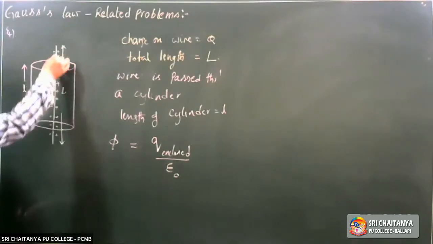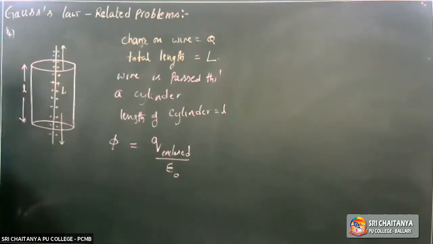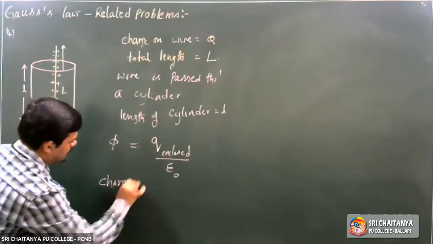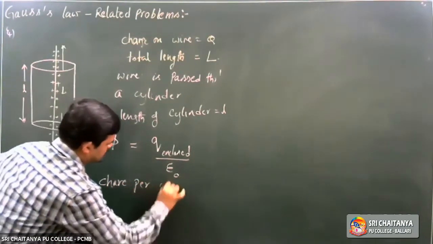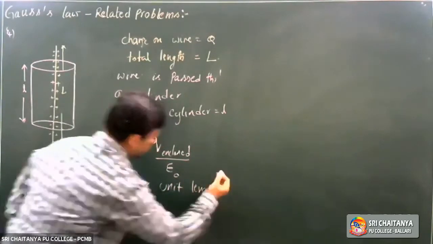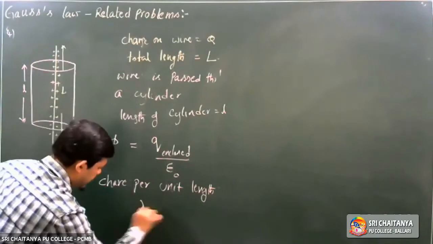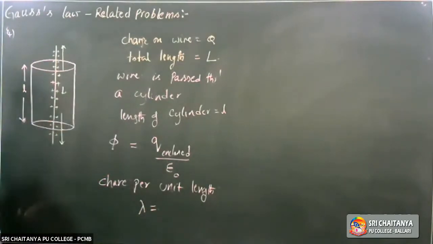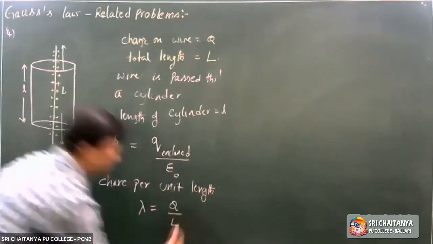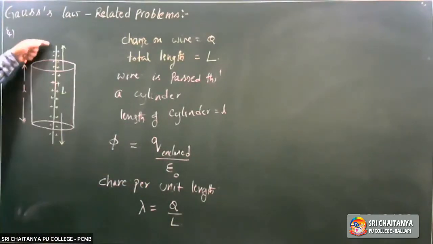Total charge on the wire is Q. Charge per unit length is generally termed lambda. Can I take Q by L? Charge per unit length on that wire.